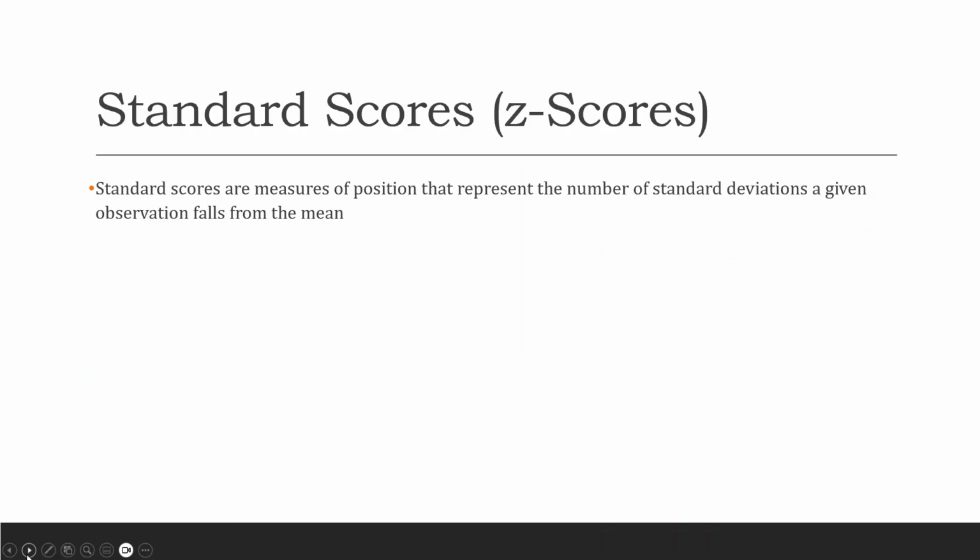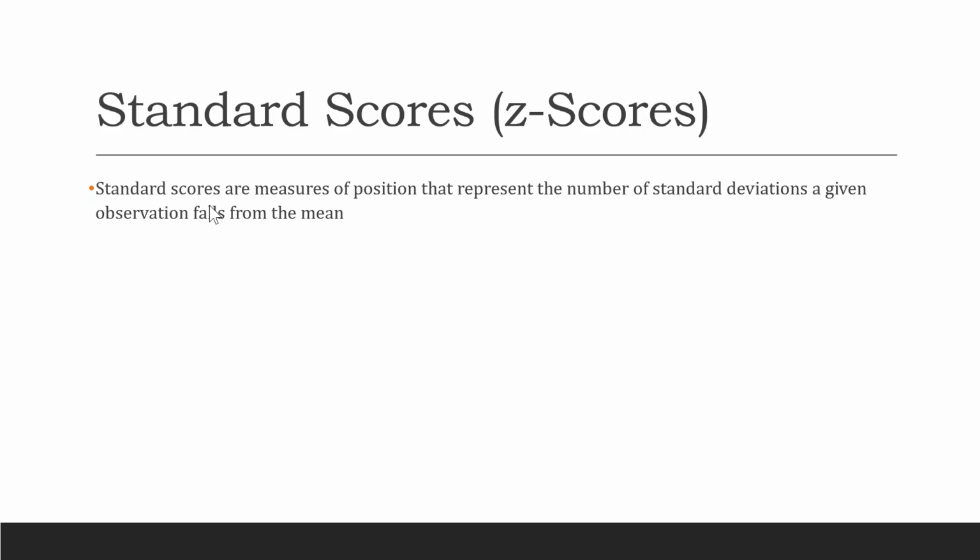I'm sorry about that. Our last measure of position has to do with either what we call standard scores or what's more statistical, known as z-scores. This is another measure of position that represents the number of standard deviations a given observation falls from the mean.